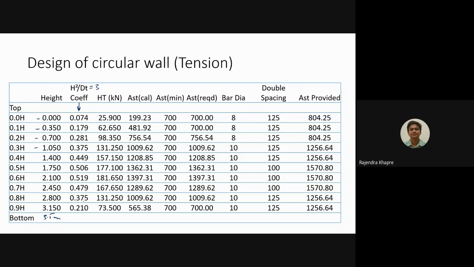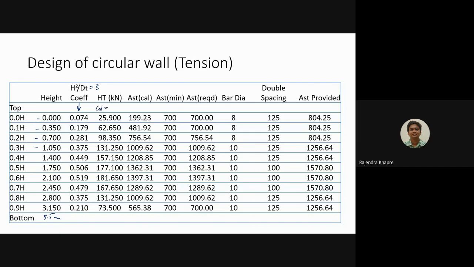At the bottom there won't be any tension because there will be a foundation, isn't it? So all the coefficients from the IS code are written over here in the form of a column, and correspondingly the hoop tension is calculated. So hoop tension is what?